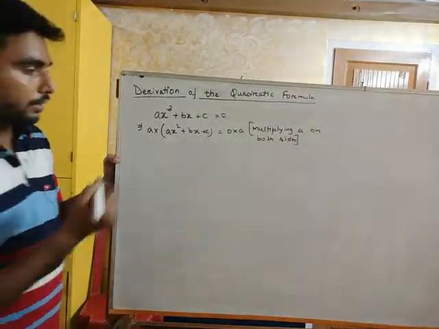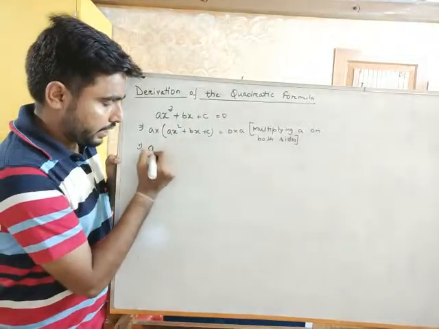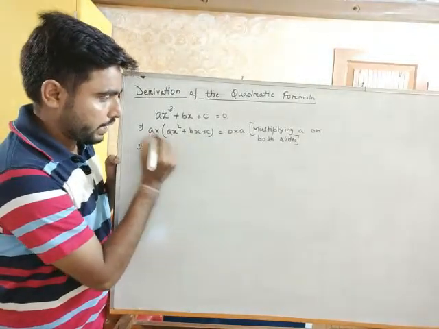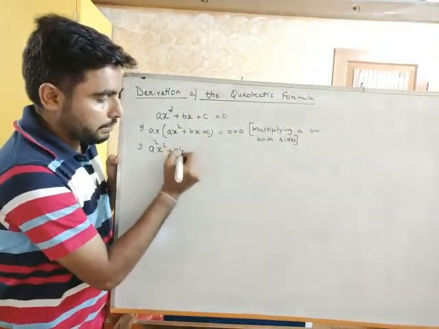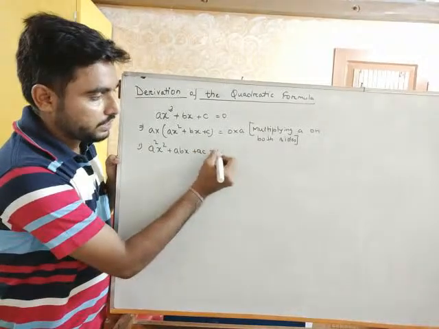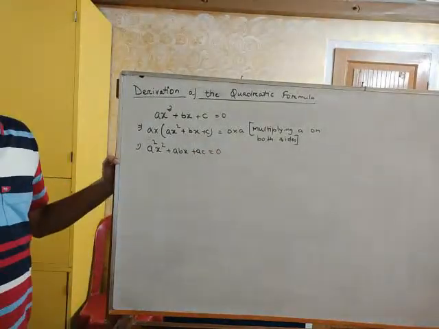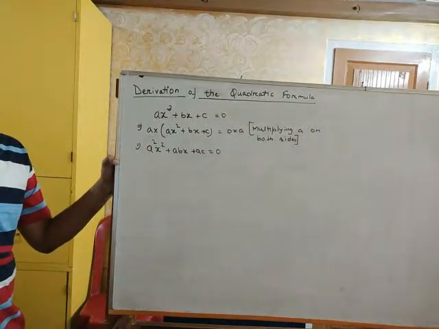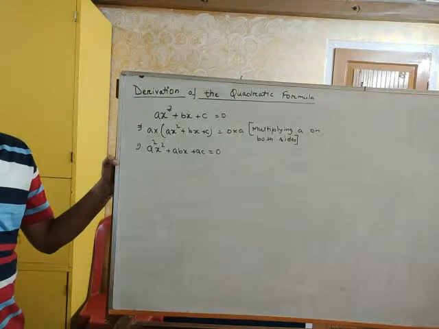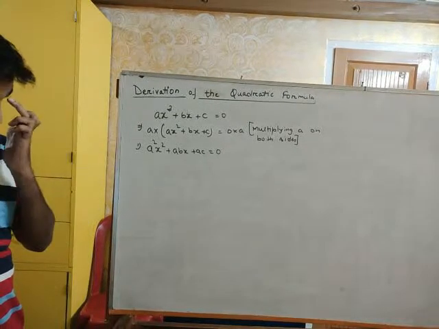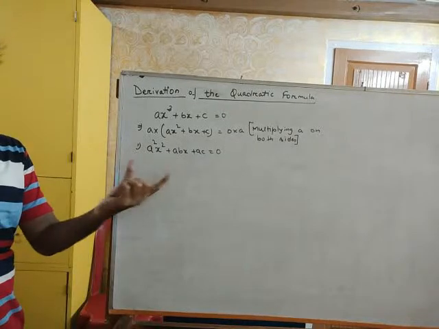So a into a is a square x square, a into bx is abx, and a into c is ac, and 0 into a is 0. Got it right, all of you? Any doubt with this step?